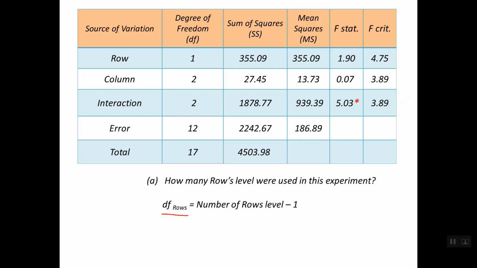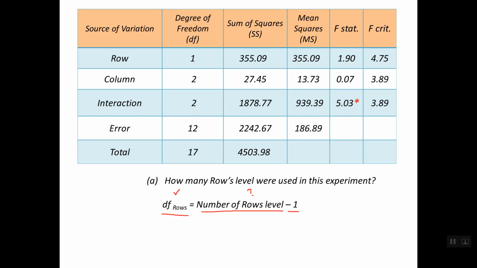The df for the rows is known, it is 1. The number of rows level is missing, it is needed, minus 1.